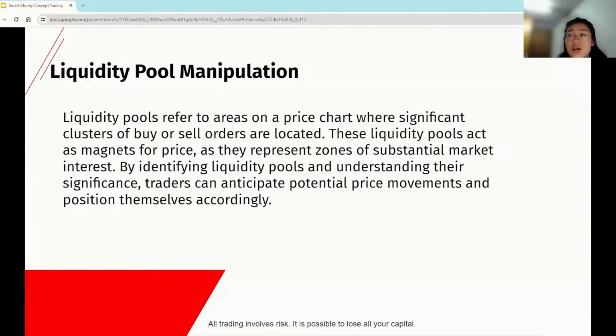So these zones are similar to what we've been using as our confluence areas, but in this case, we are talking about areas where there are many buy or sell orders. By identifying these liquidity pools and understanding their significance, you can then anticipate potential price movements and position yourself accordingly.